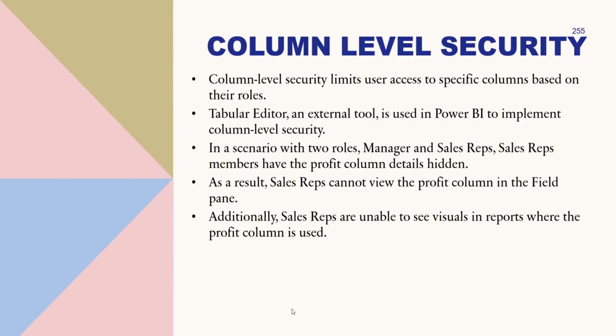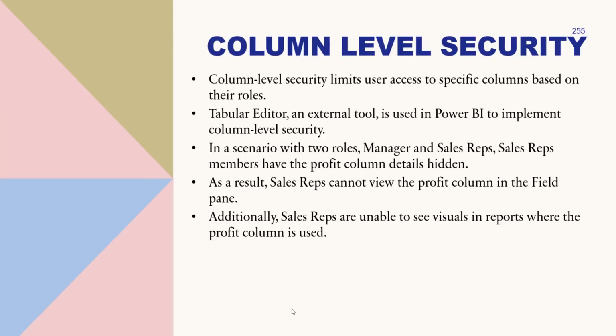As a result, when a sales representative accesses the report, he cannot see the profit column in the field pane, and the visuals that use the profit column will be broken. So basically, column level security is used to hide particular columns based on the roles of the viewers.